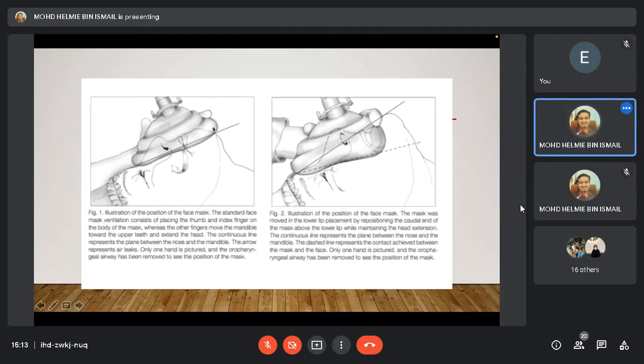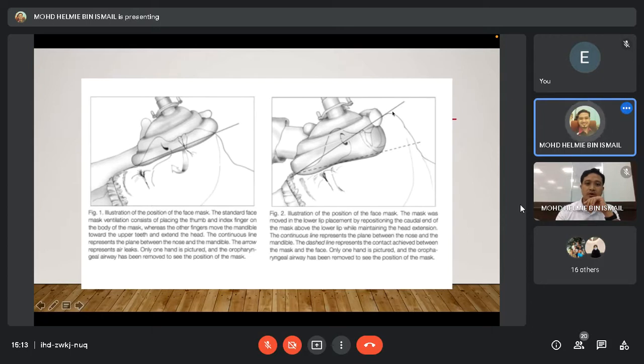Basically, this is the caudal part, and this one is the cephalic part. How do you seal this on the patient? When the patient has leaking, you need to elevate the caudal part of the mask to make sure the lateral part of the soft part of the mask seals properly.